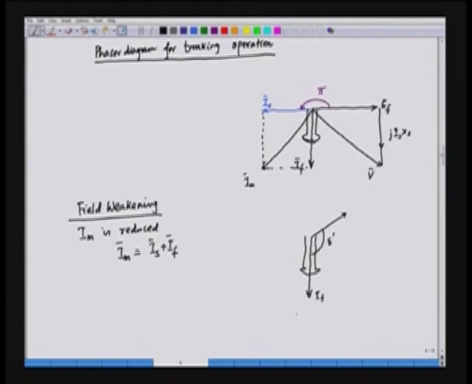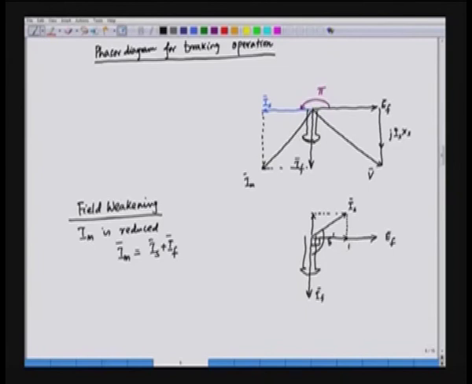So, as a result, this is Is in this case, and this is the field induced EMF, that is Ef, and Is will have two parts. One is quadrature to the field, that is this part, and the other part is in phase opposition to the field. So, Is now has two parts. One is at right angle to the field winding, that is 90 degrees.